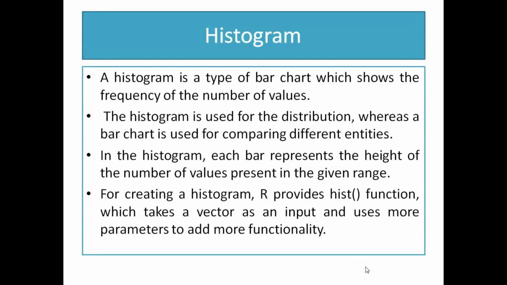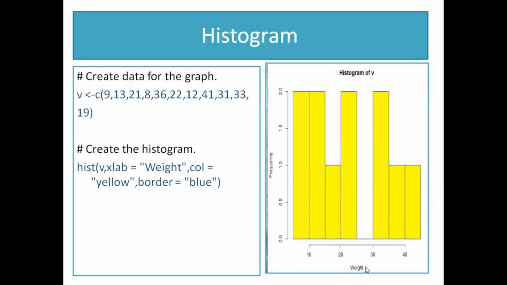In the histogram, each bar represents the number of values in the given range. For creating a histogram, we have to use the hist function. This is the syntax where the hist function is there, and in hist we are taking one vector which contains several values.